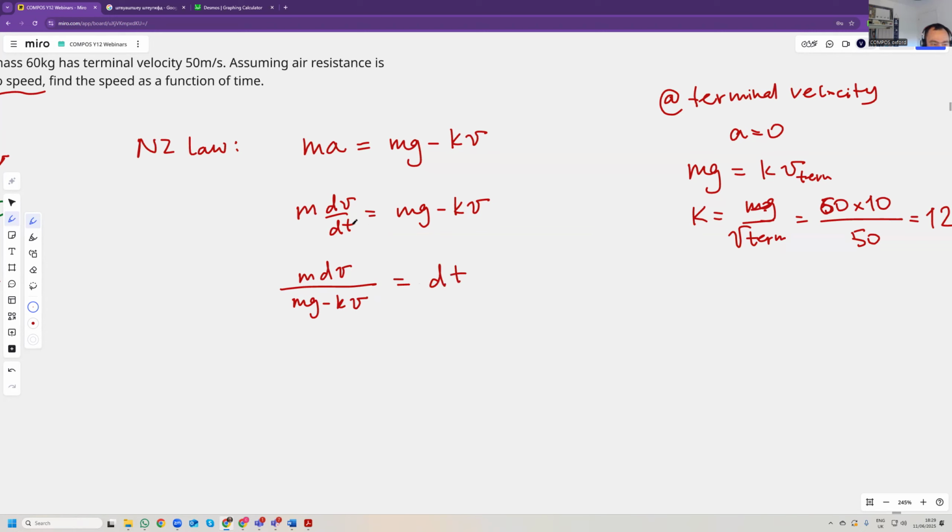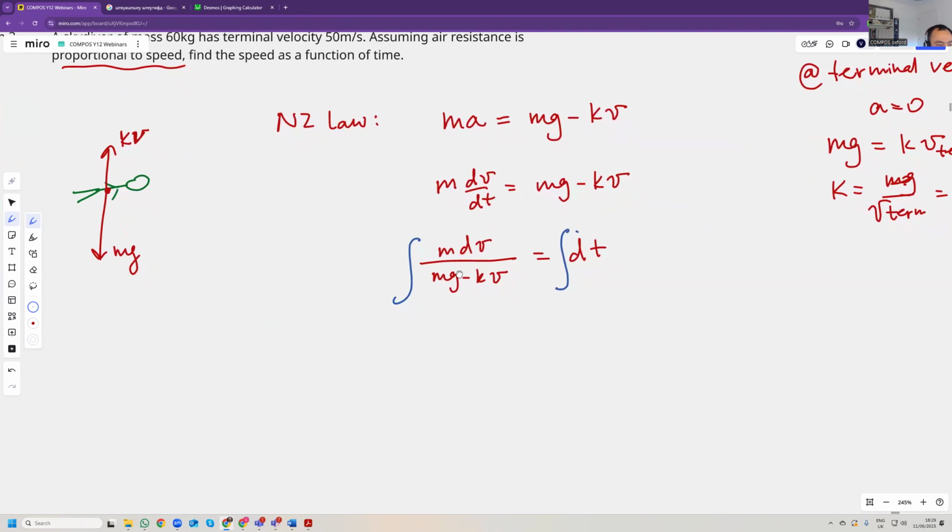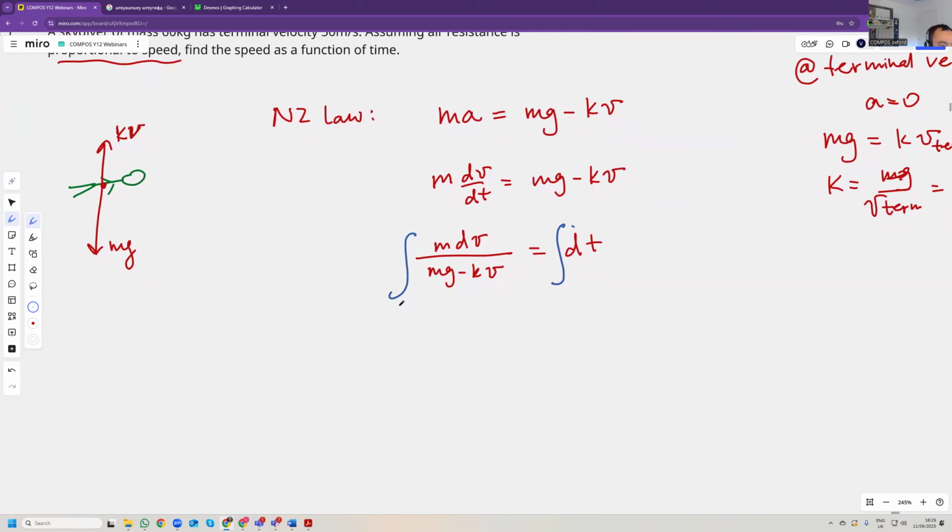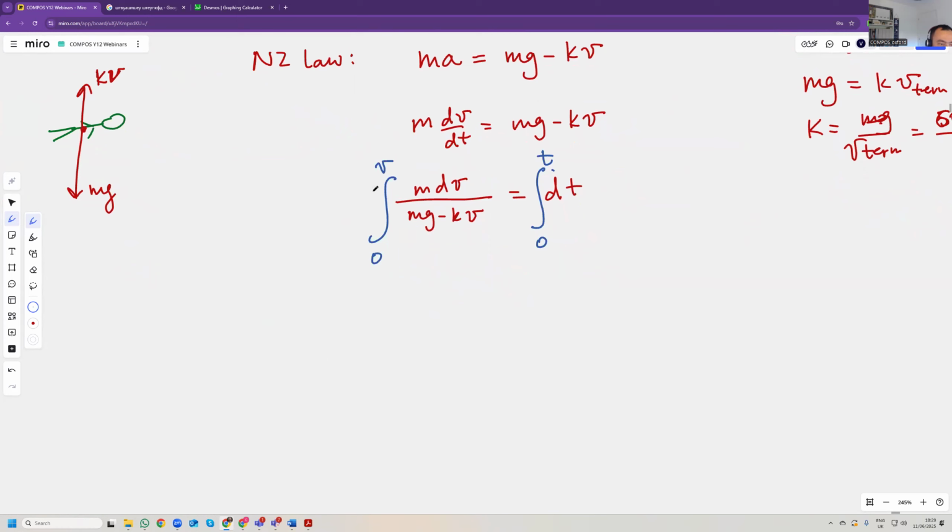What I did, I hope you can see that, is divide by mg minus kv and multiply by dt. Now I integrate that, and I'm going to use my second method, which I prefer. Velocity changes from 0 to v, and time changes from 0 to t.